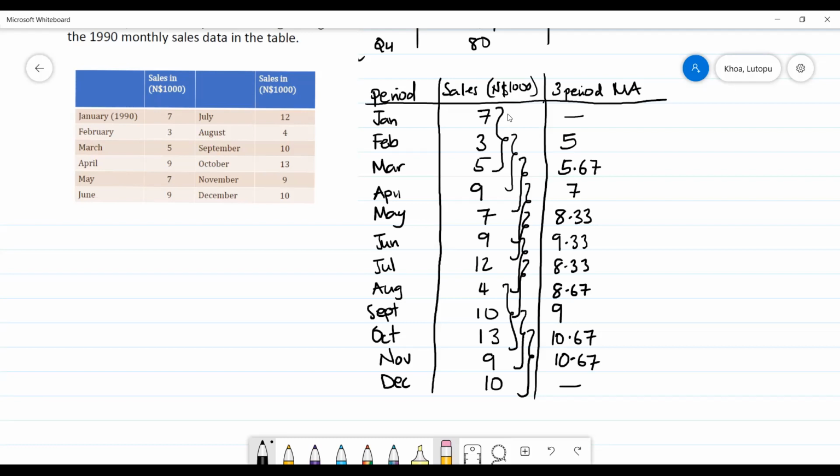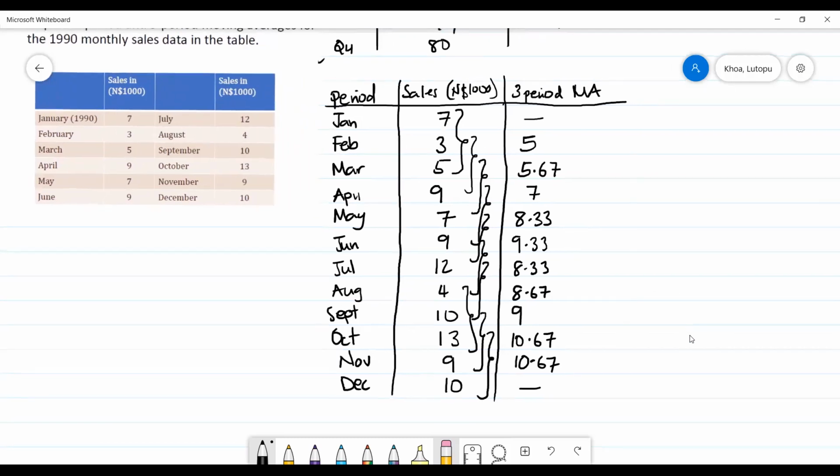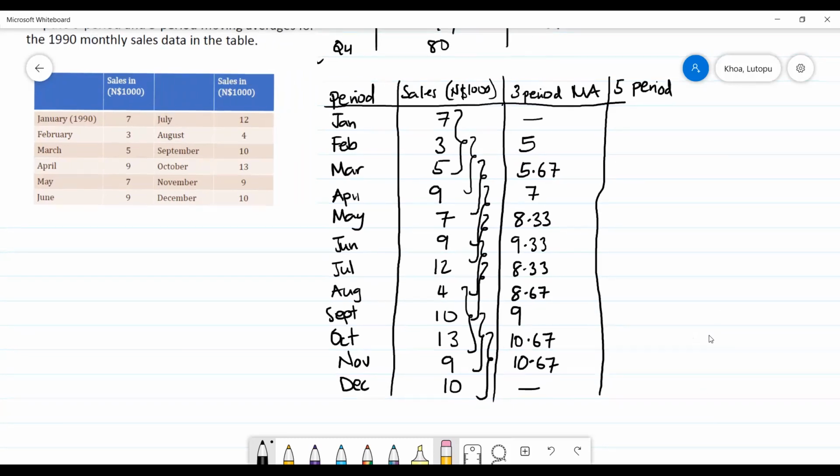Okay, then I can also work out my 5-period moving average.